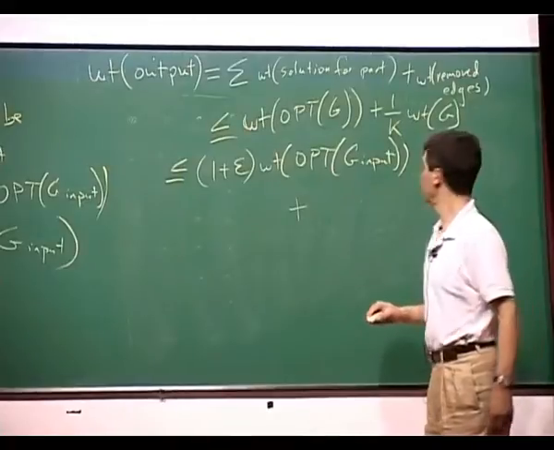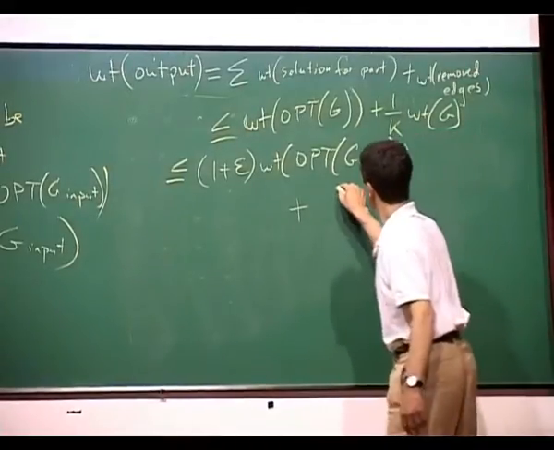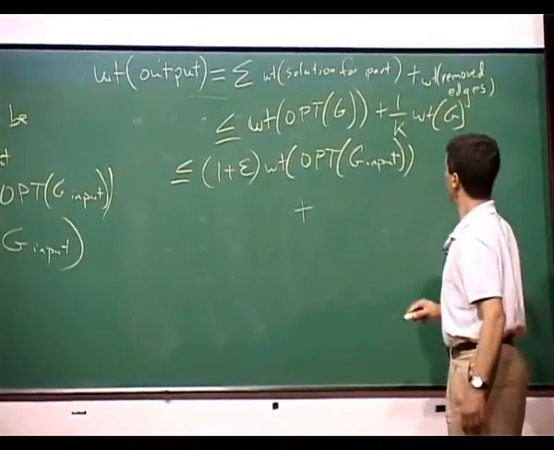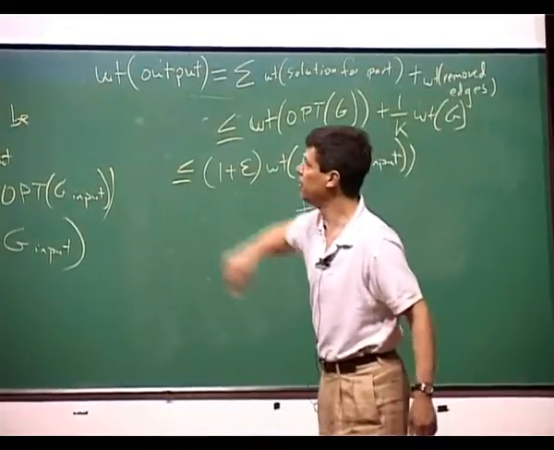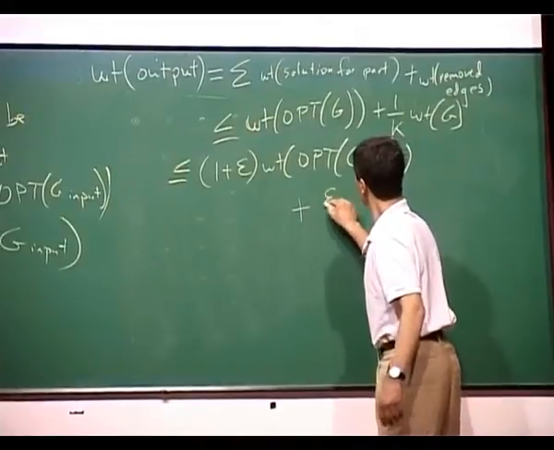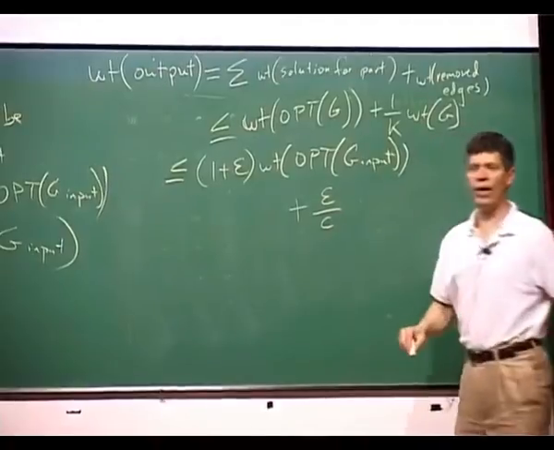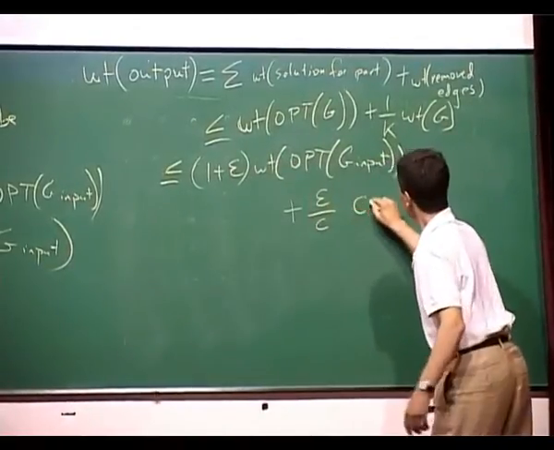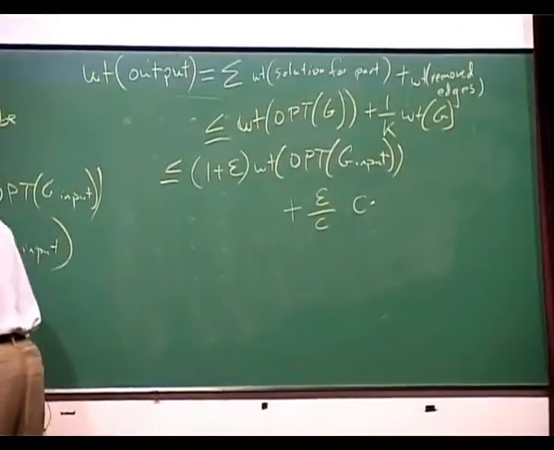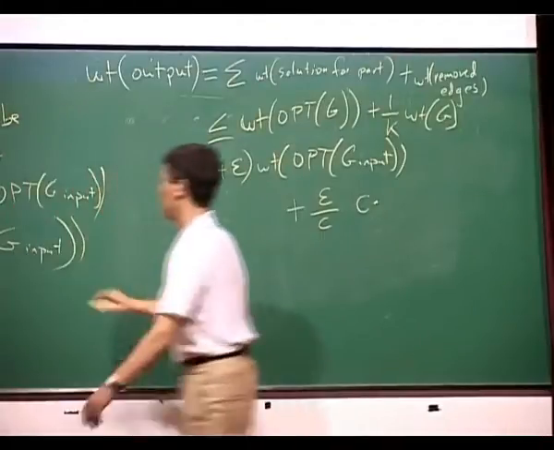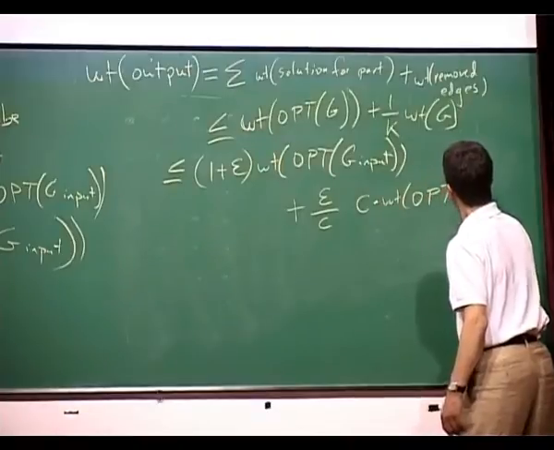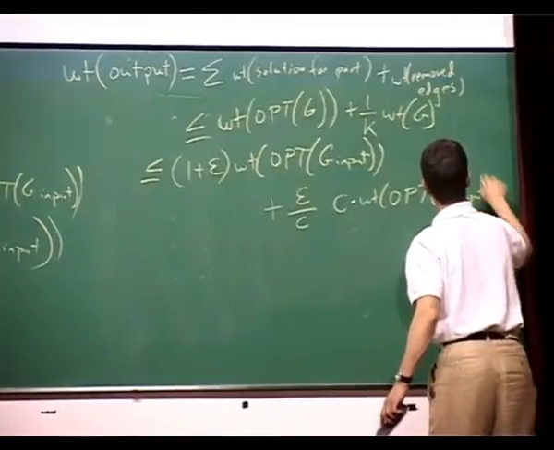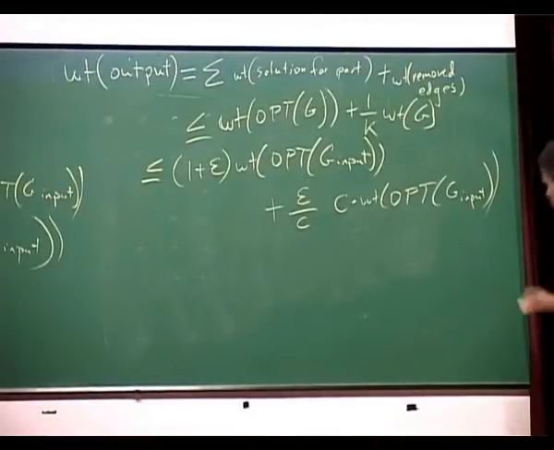We set k to be C over epsilon, so 1 over k is epsilon over C. Now we have a bound on the weight of G from this property: C times the weight of opt of G input.